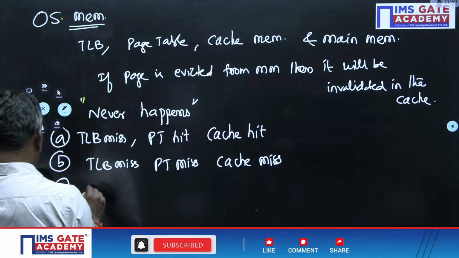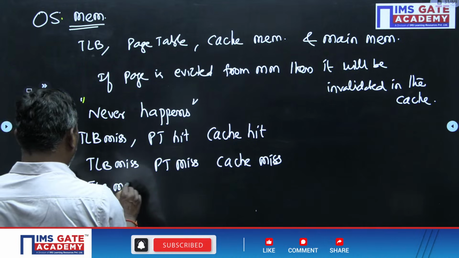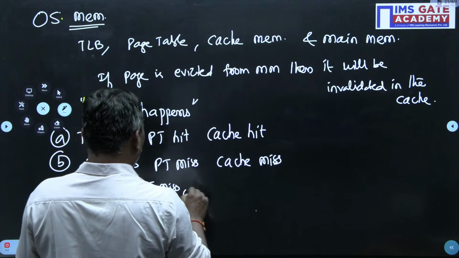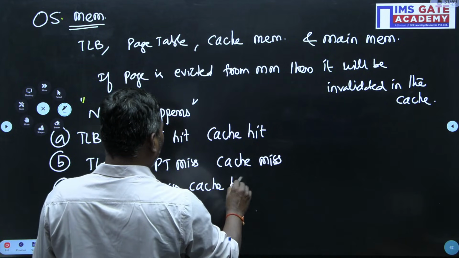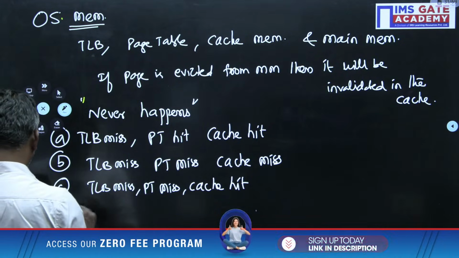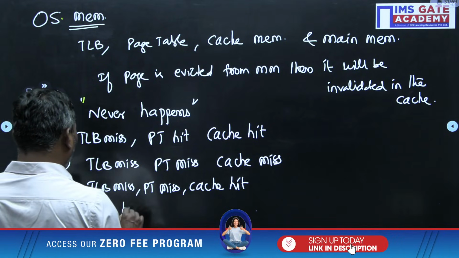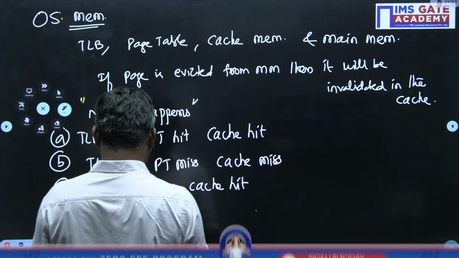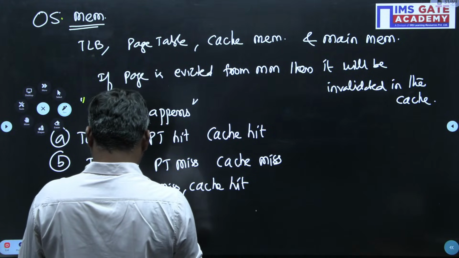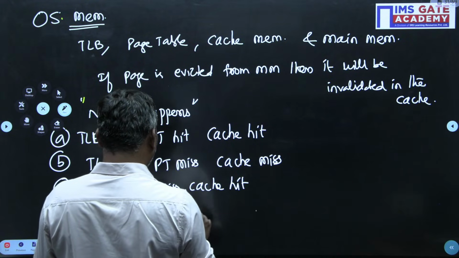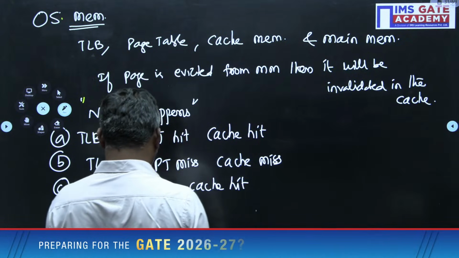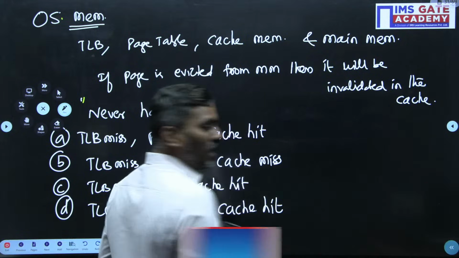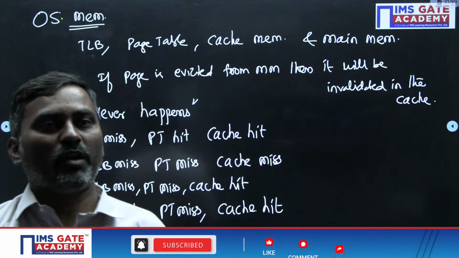Option C: TLB miss, page table miss, cache hit. Option D: TLB hit, page table miss, cache hit. Like this the statement is given. Any one of you answer this question?